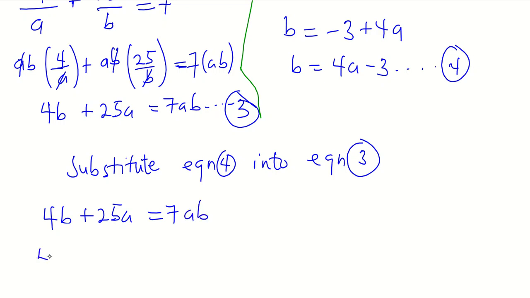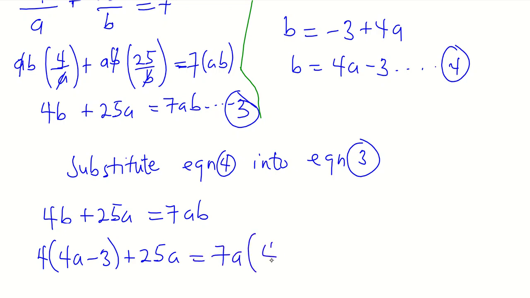Now our B is 4A minus 3, and our A is the same thing as A, which is equal to 7A, and we know B value now to be 4A minus 3.